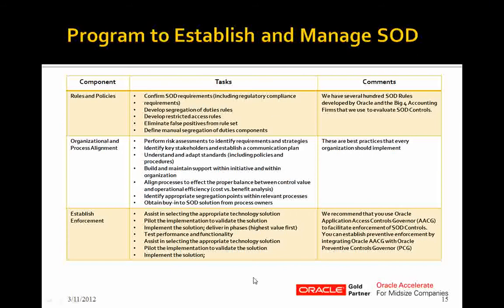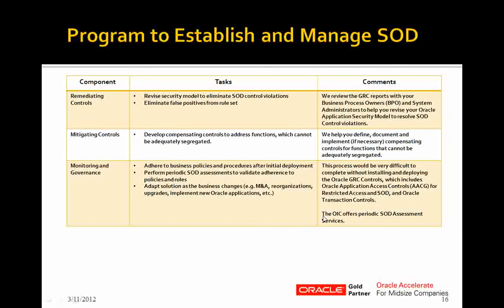In our analysis, we do use the Application Access Controls Governor as our engine to do the analysis of your controls. Now, after you've done the analysis of your controls, you need to remediate whatever conflicts you have.